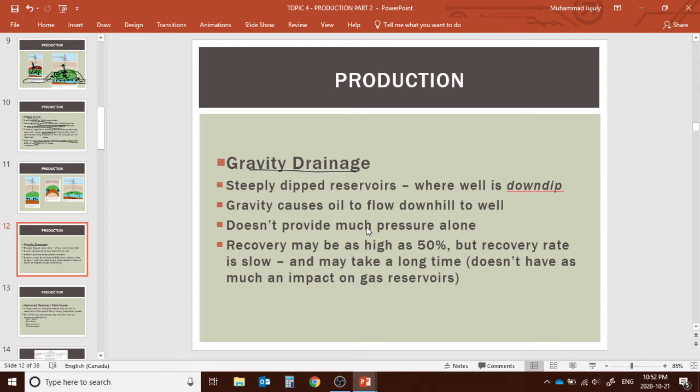But sometimes if you are lucky enough, you can have a steeply dipped reservoir where the well is at the down dip, and the gravity causes oil to flow downhill. Well, how? Let's imagine here there is a fault, okay. Now here you got the gas, here you got oil, here you got water, okay, and here is your production line.